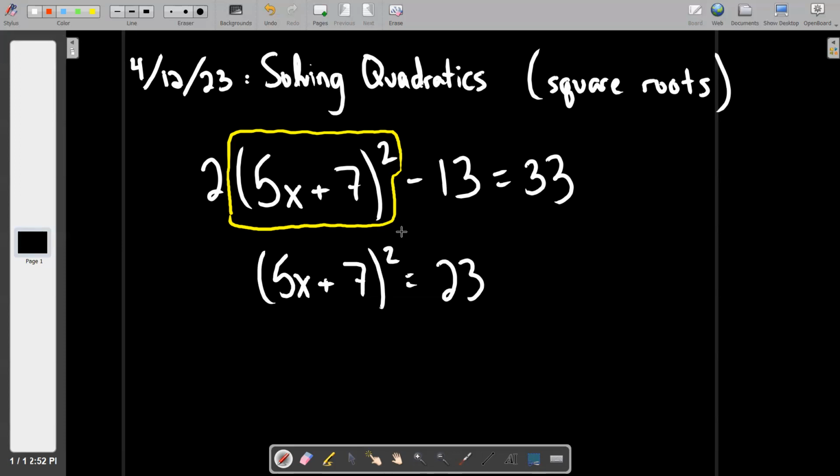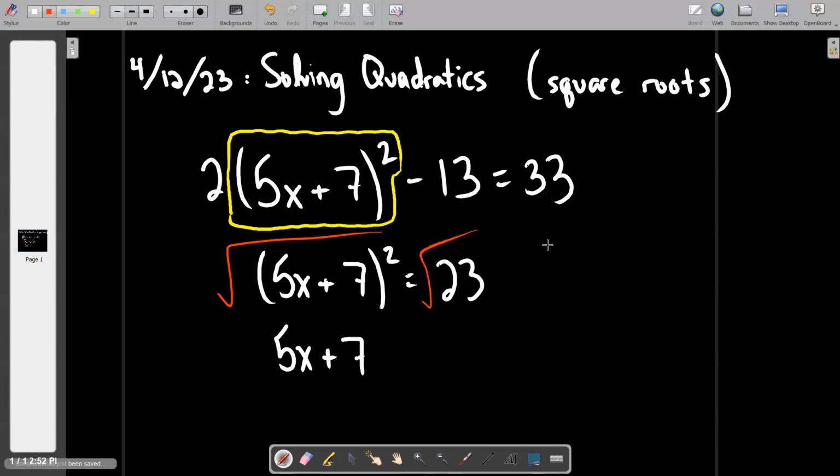If I square root this left side, I just get 5x plus 7. And if I square root this right side, I get nothing very exciting. But to avoid getting yelled at, right after the equal sign I need to remember that positive negative sign. And then what do you do with the square root of 23?